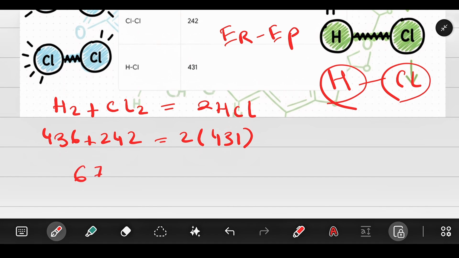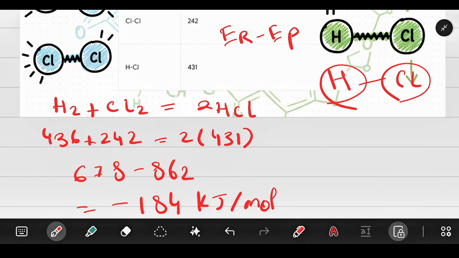So 678 minus 862, because the products should be subtracted from the reactants, right? We learned from the above formula. So if I subtract this, I will be getting minus 184 kilojoules per mole.